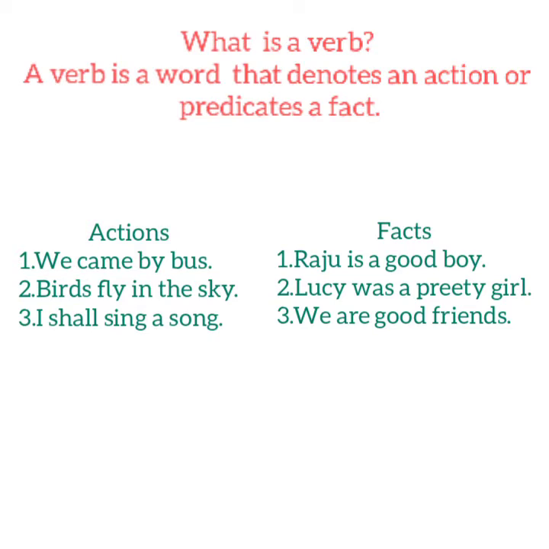In this sentence, the verb is was, W-A-S, was. It gives a statement about the person Lucy. Number 3, we are good friends. In this sentence, are is the verb.